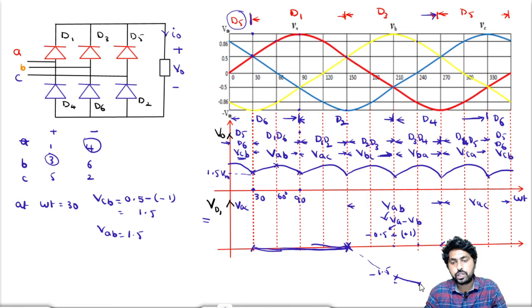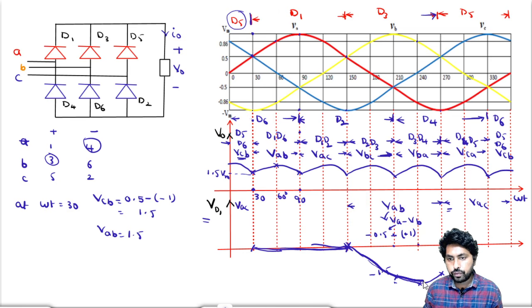At the ending point, VAB equals VA minus VB. VA is minus 1 and VB is minus 0.5, so it reaches minus 1.5 again. At this point, we need to find the VAC also. So this is for the VAB.